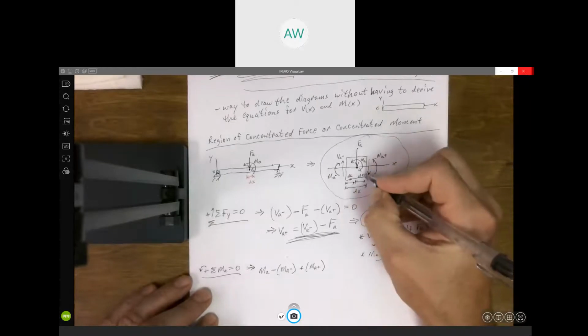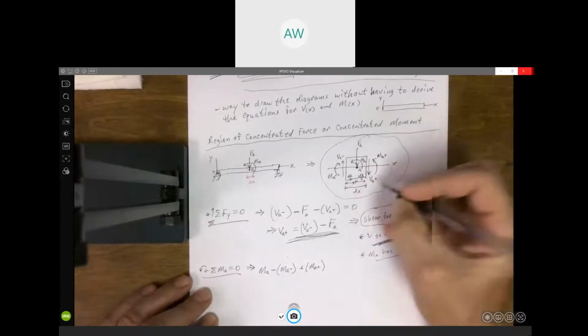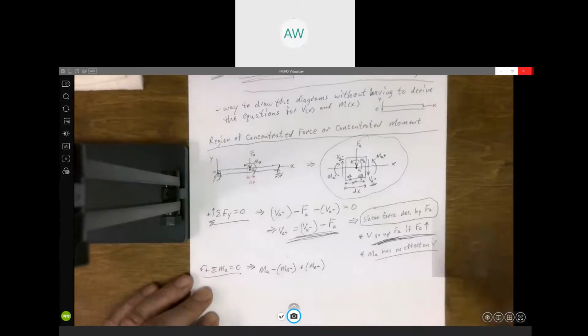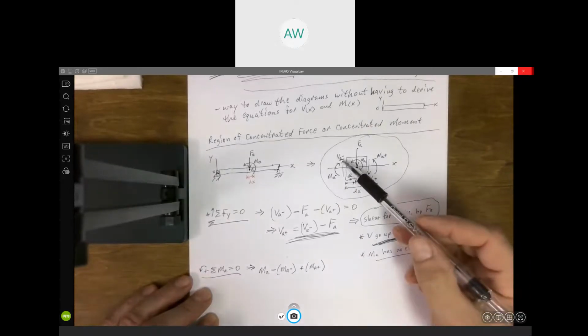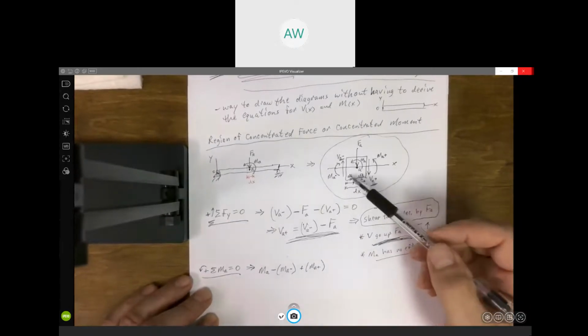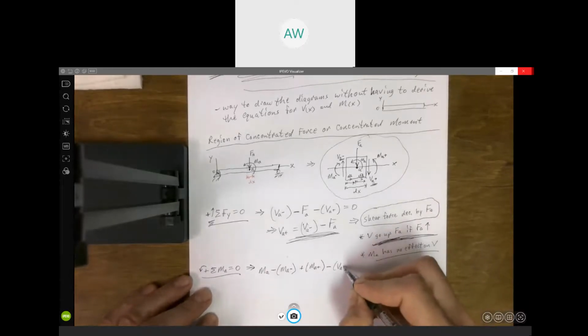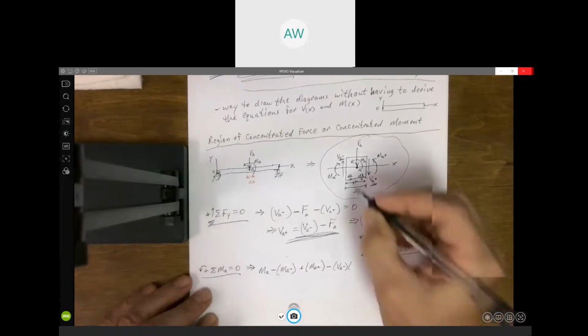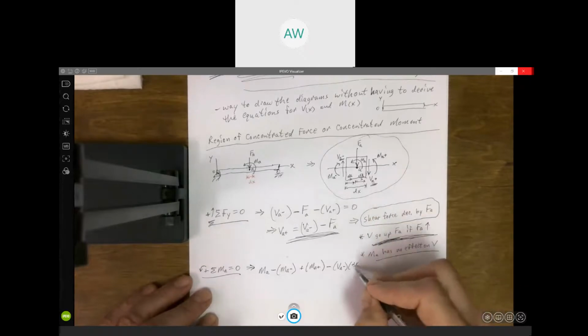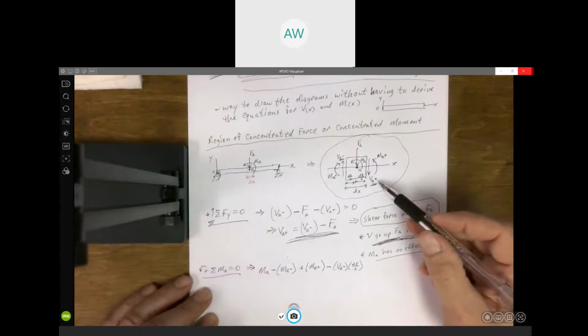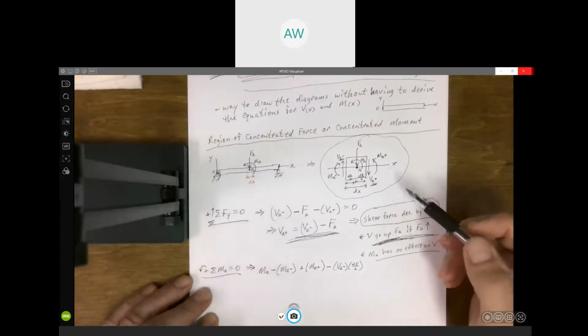This would be dx over 2. That's where those two act. So they're going to cause a moment. The VA minus is causing a clockwise moment, so it'd be minus VA minus times that distance dx over 2. And VA plus also causing a clockwise moment.